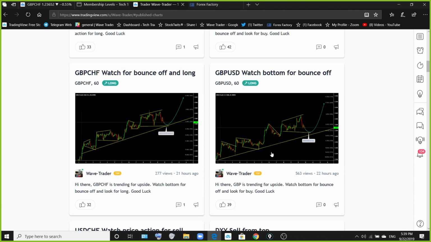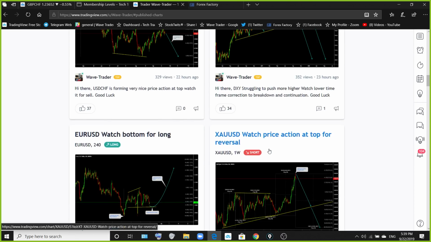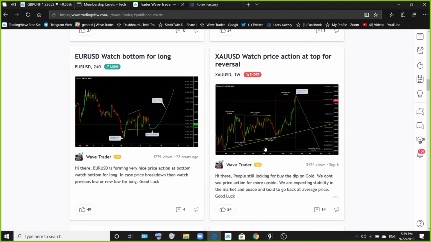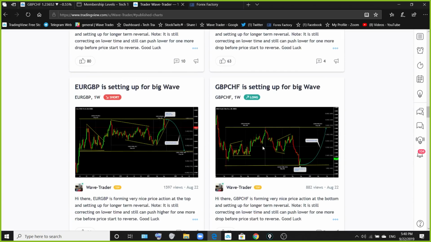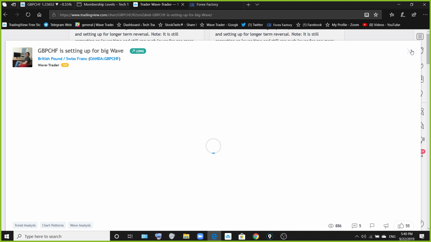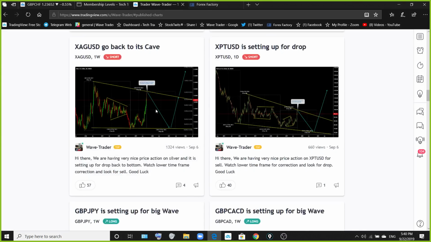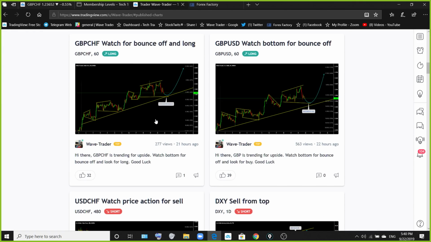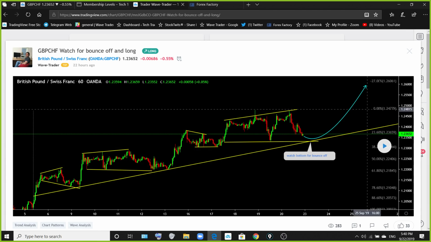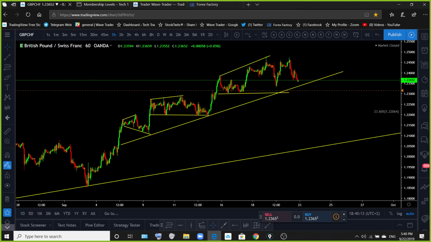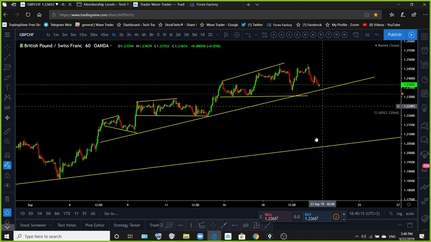Same chart on the pound chief. There you got the pound chief chart, and the updated pound chief chart in the lower time frame. Similar to the pound dollar chart, it comes down and keeps pushing higher.